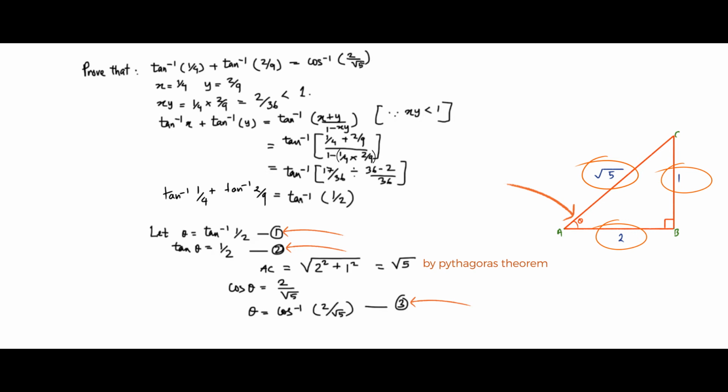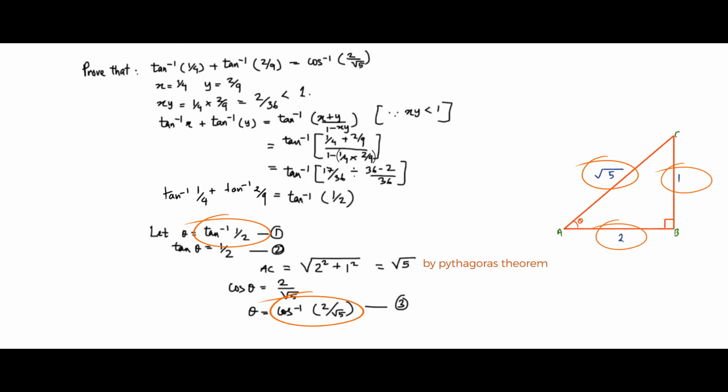Now from equation number 1, theta is equal to tan inverse of half, and that is the simplified form of tan inverse of 1 over 4 plus tan inverse of 2 over 9. And tan inverse of half, I have used the right angle triangle and converted to cos inverse, that is theta is also equal to cos inverse of 2 over root 5. Which means tan inverse of 1 over 4 plus tan inverse of 2 over 9 is equal to tan inverse of half, and that on further simplifying we get cos inverse of 2 over root 5.